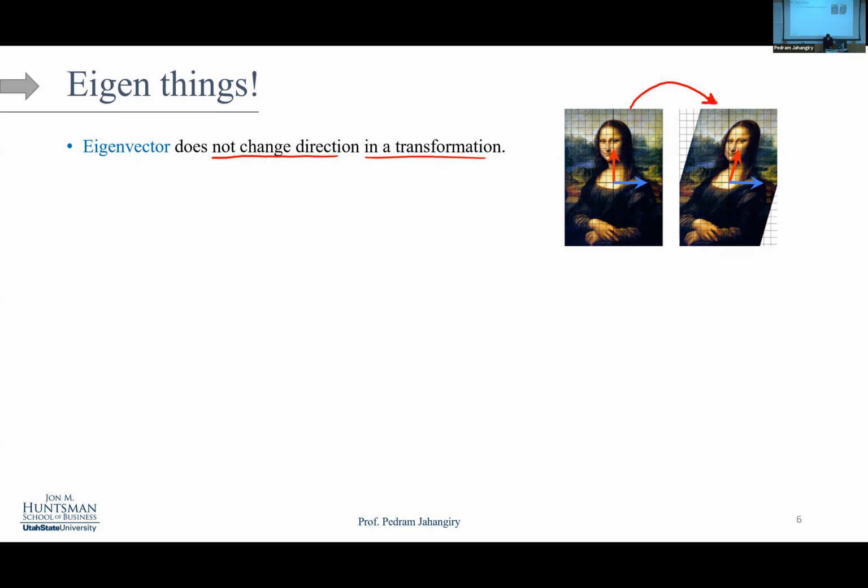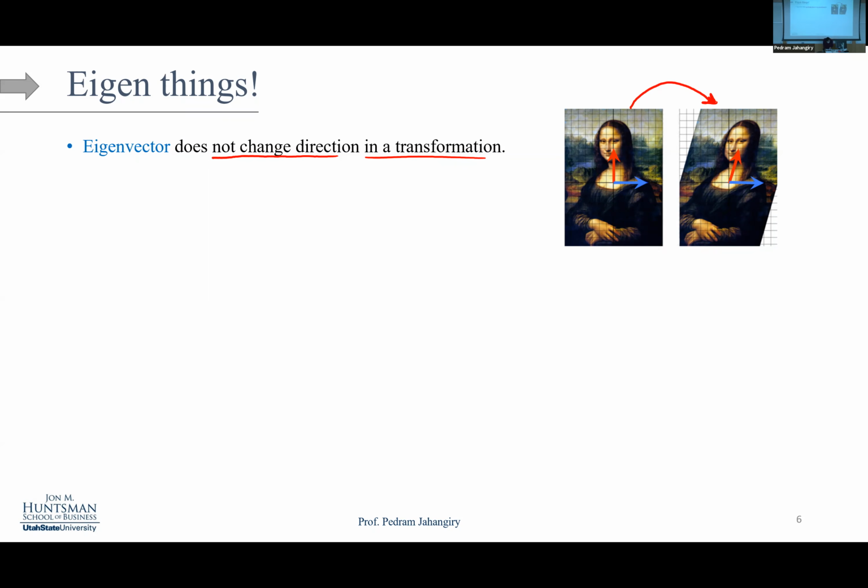So now you said that the blue one is the eigenvector. Can you tell me what the eigenvalue is? Look at the magnitude of the blue one before and after transformation. Does it change? So what do you think is the eigenvalue? 1. Does everyone see that?